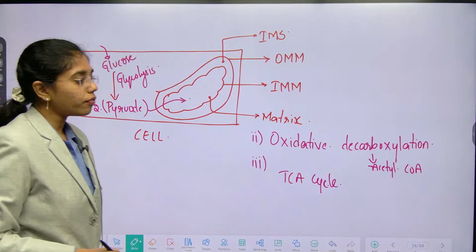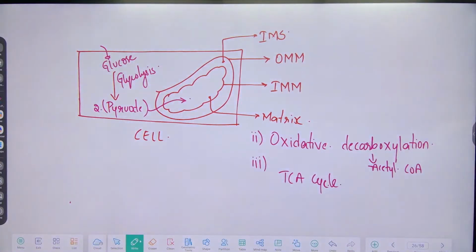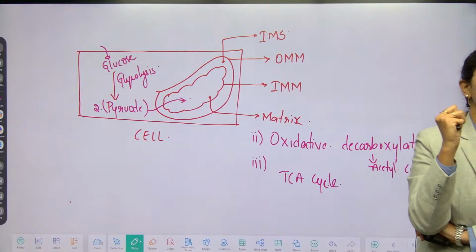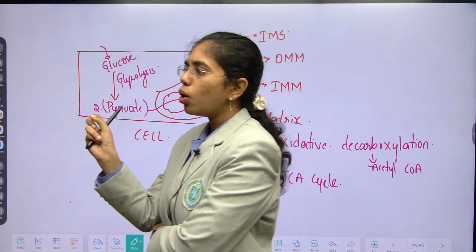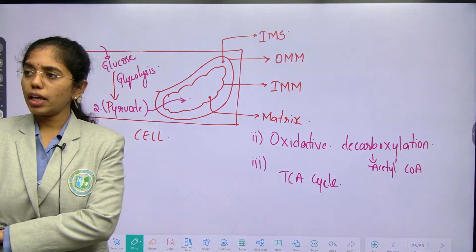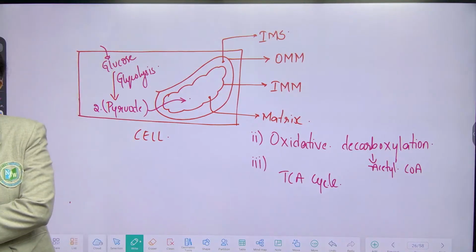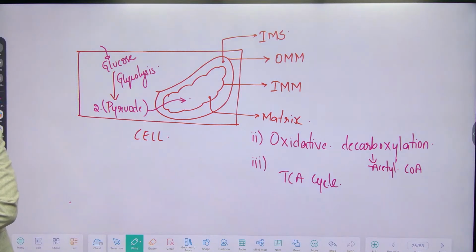So at the end of the TCA cycle, you know that it produces a high amount of energy. NADH is produced, FADH2 is produced, and only some amount of ATP is produced. Now this NADH, FADH2 has to be dehydrogenated, oxidized, and the energy has to be released in the form of ATP.